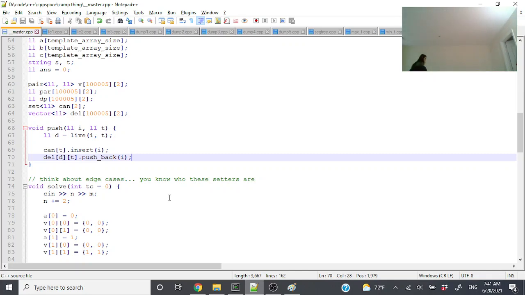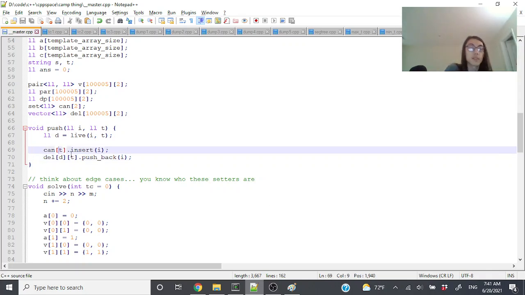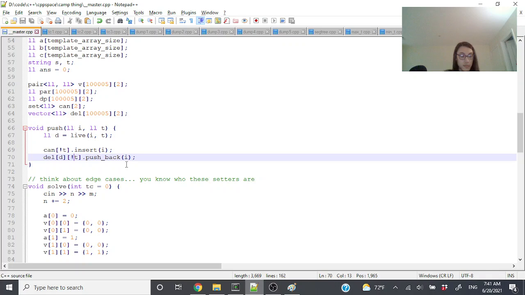Find the survival time. I say that this can live up until then. Or wait, it's sort of like the opposite. It should be the not. Can not t, and not t.